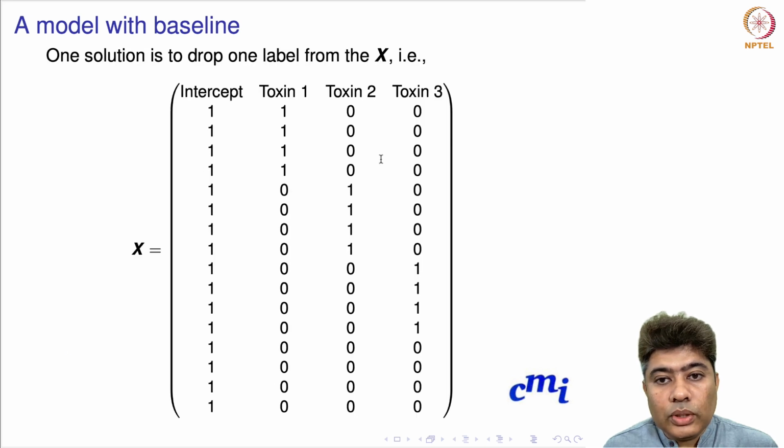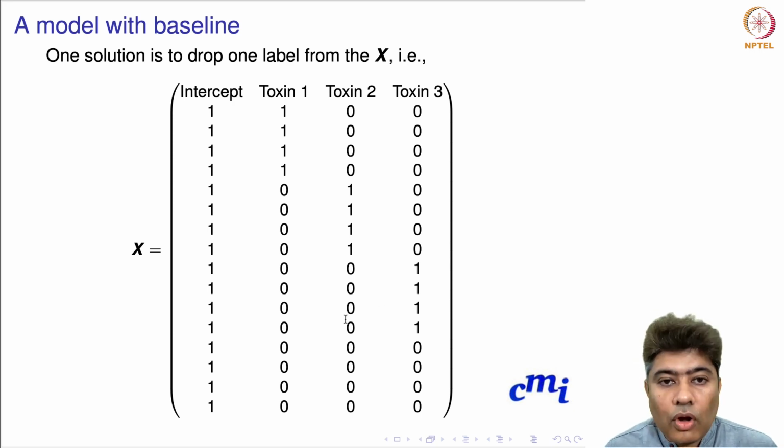The solution to this is to sacrifice one of the levels. In this case we are sacrificing control, the last column, from the design matrix. Now this is our modified design matrix.